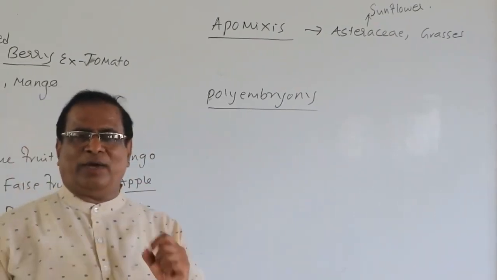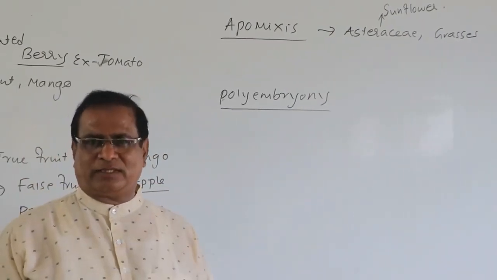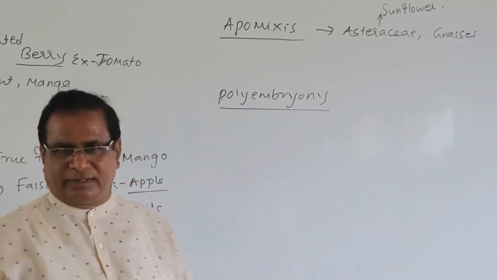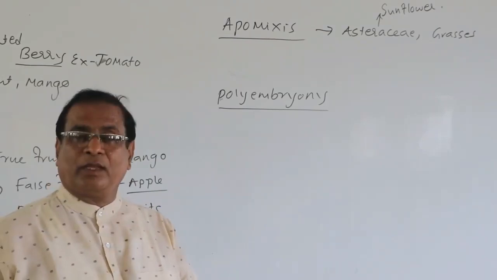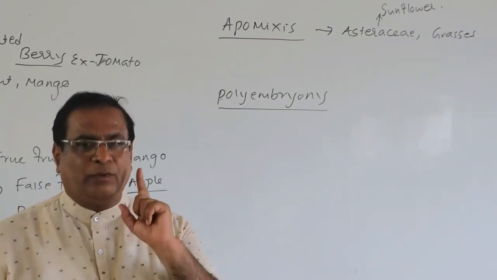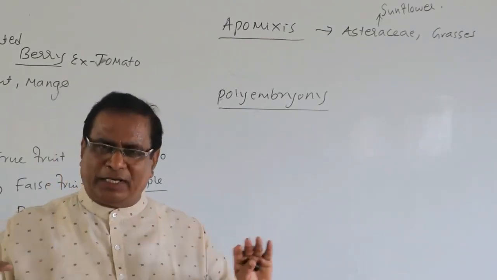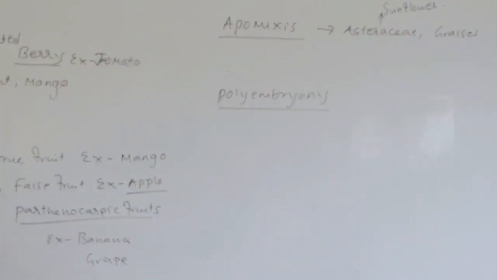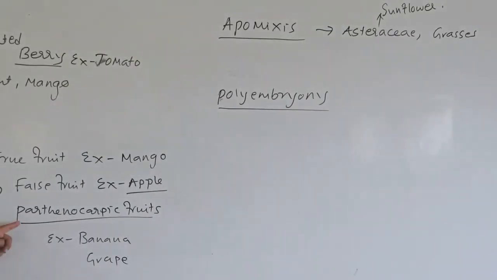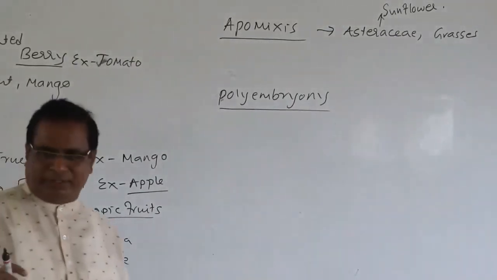A typical 1 mark question. They would ask, what is apomixis? A formation of seed from the ovule without fertilization. Formation of fruit without fertilization of the ovary is parthenocarpic fruits.